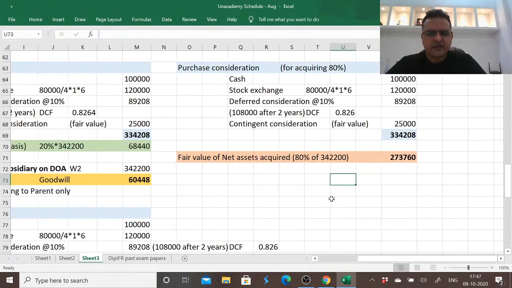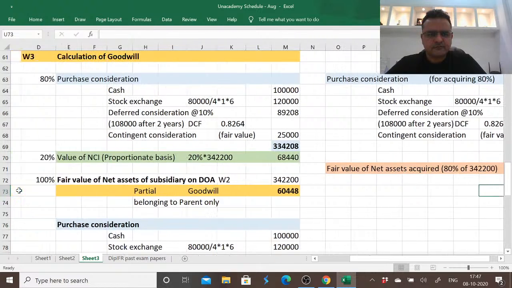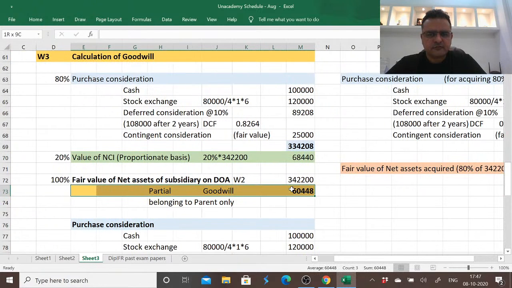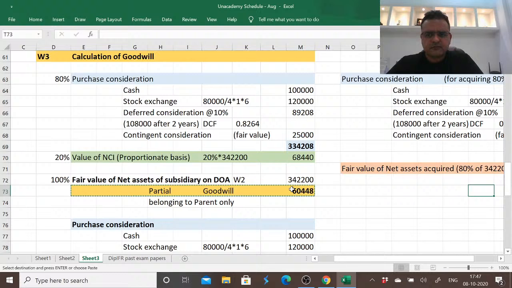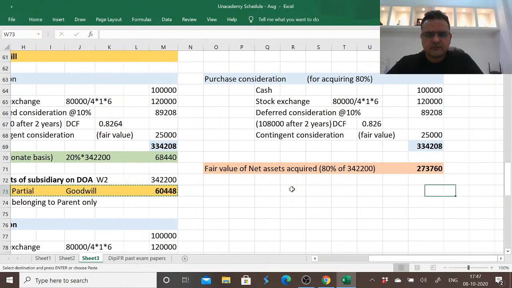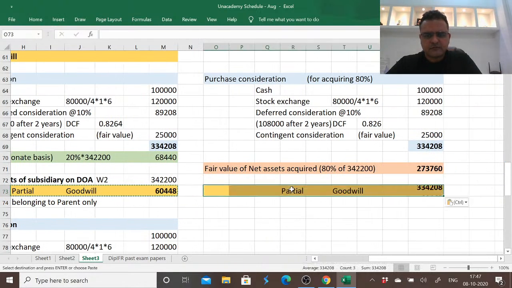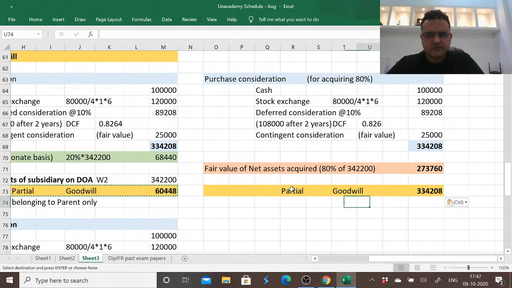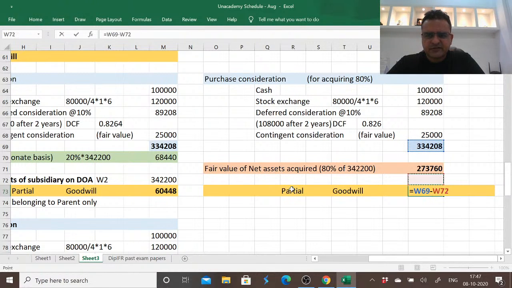So the goodwill so calculated, purchase consideration minus fair value of net assets acquired, was 60,488. There was no concept of partial or full goodwill. The goodwill was belonging to parent only, because we were only calculating the parent's goodwill.